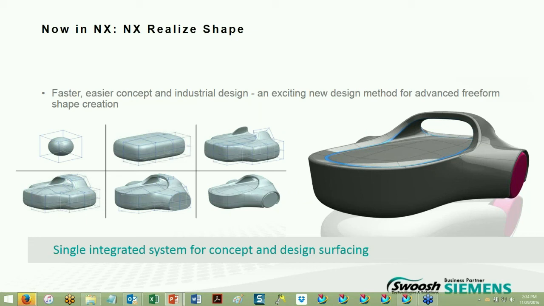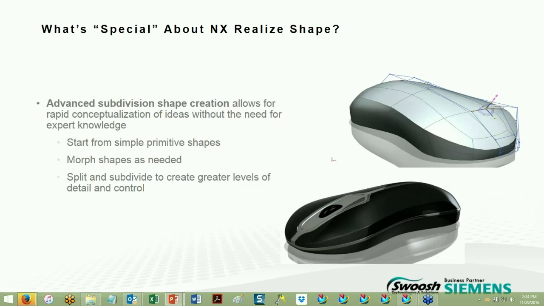NX Realized Shape is more like forming with your hands what's imagined in the mind. Start with a primitive shape, and then push, pull, and reshape, reform, develop symmetry. You'll see that there are a lot of tools, and in essence, if you're familiar with the functionality of NX on surfaces, such as Xform, that essentially allows you to manage and edit polar vertices within a shape or of a surface, this is like a three-dimensional Xform.